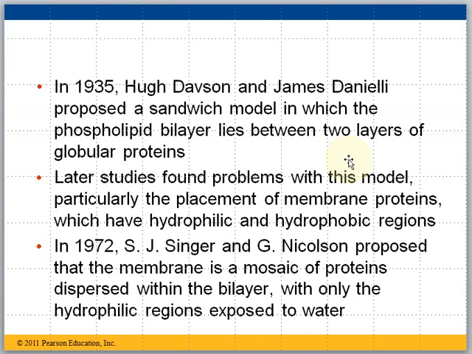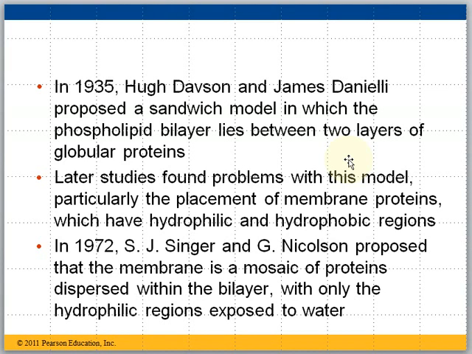The pure bilayer was not as attracted to the water as actual cell membrane material was. So they thought it couldn't be just a pure phospholipid bilayer, and one possibility was proteins that were even more hydrophilic. So the first idea was this sandwich model with proteins layering the top.